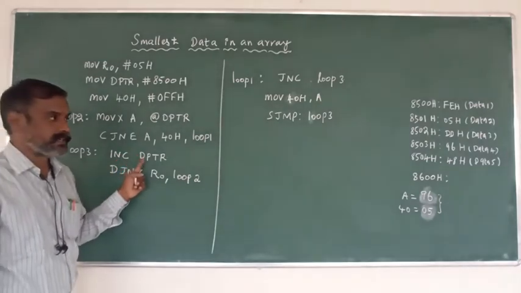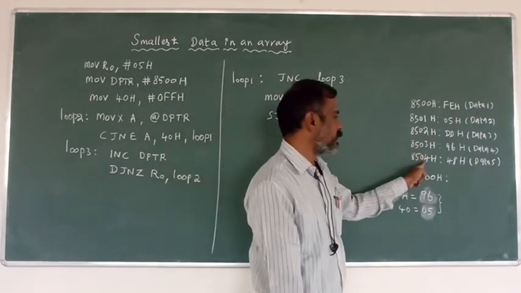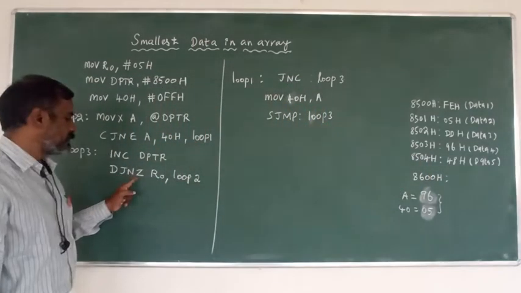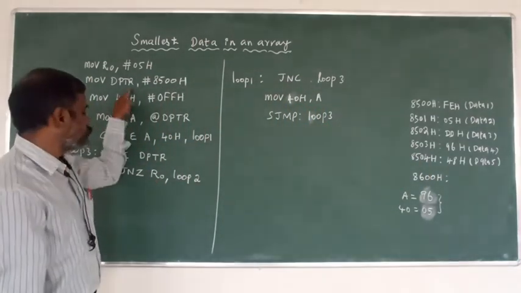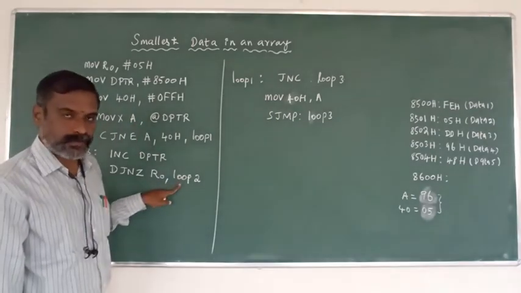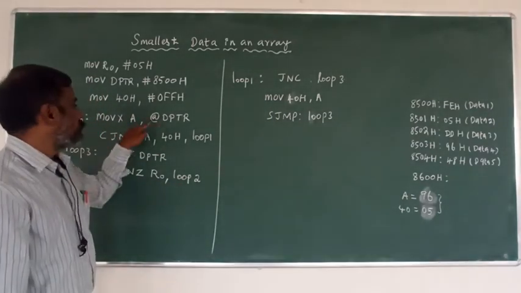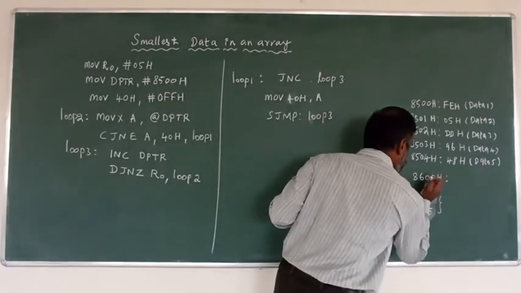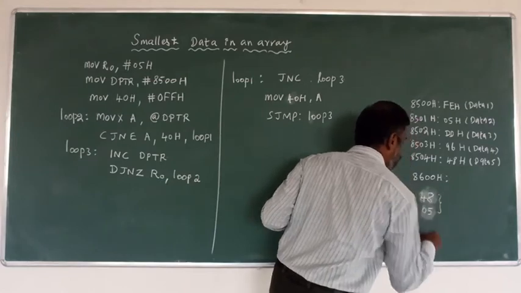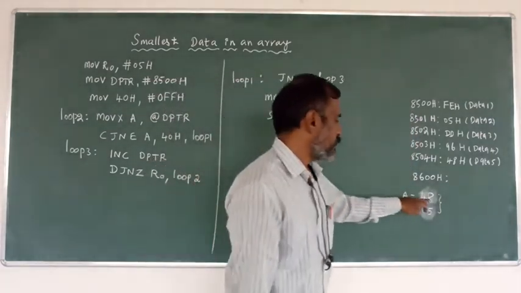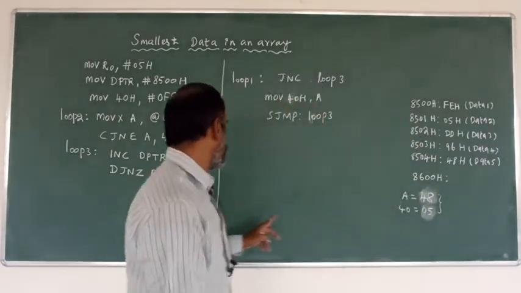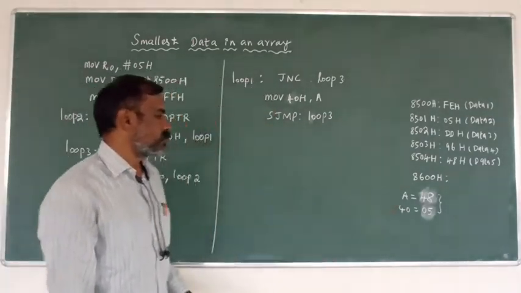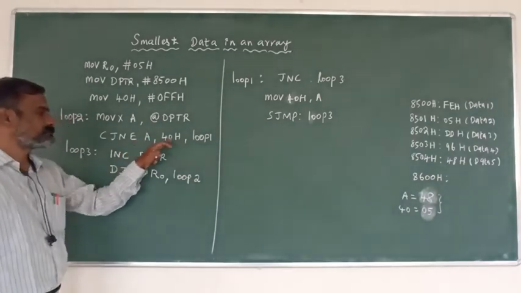Increment the data pointer. Now the data pointer will be incremented to the 8504 address. And then decrement the R0 register, or 0. Now also not 0. Again jump to here. The data at the data pointer address is moved to the accumulator. Now the accumulator is 48H. Okay. And then compare with 05.